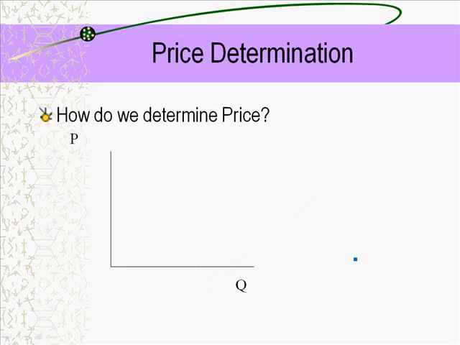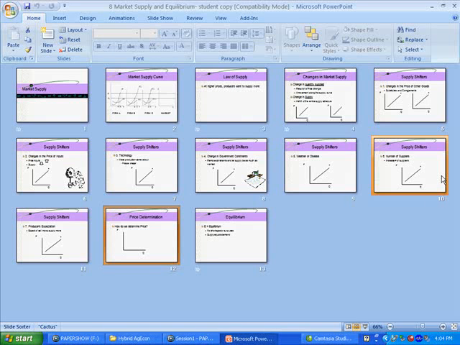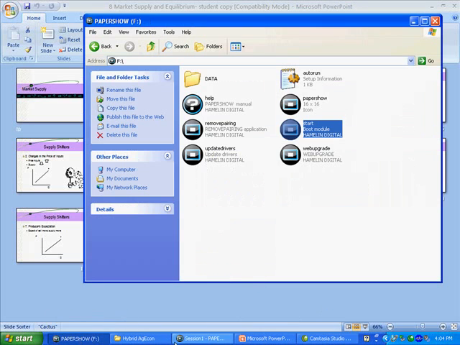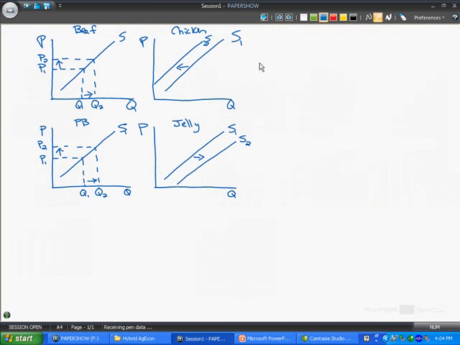So the goal of this exercise and to figure out supply is really to figure out how we determine price. And what we're really looking at is, if I have a graph with price and quantity as my graph labels, I can put the demand curve on there, because that's how we drew the demand curve.